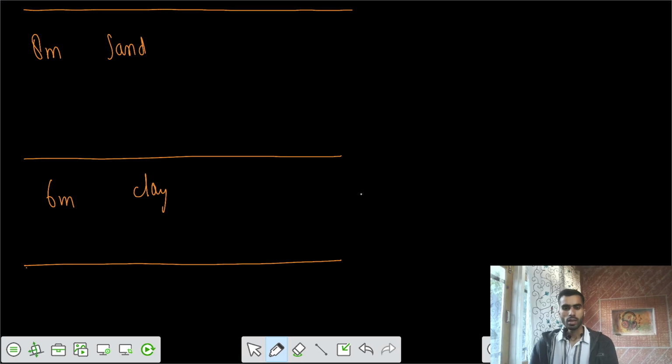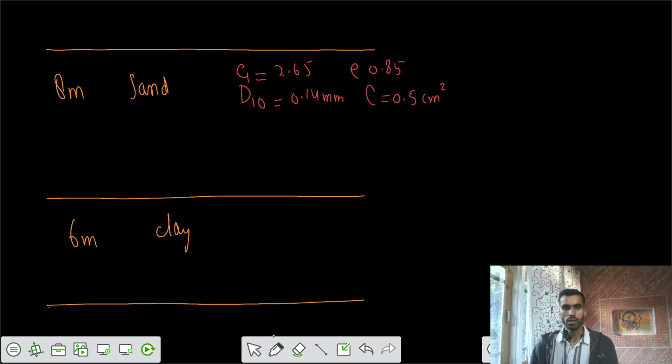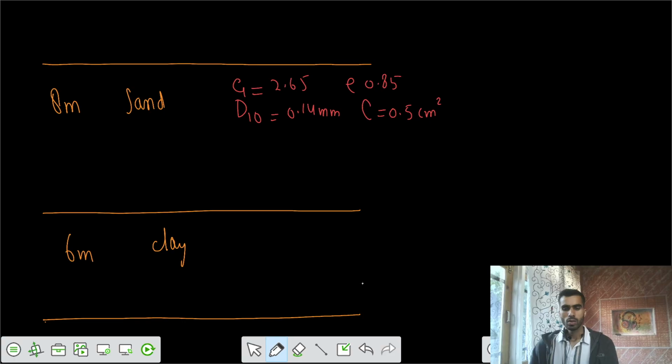The character of that sand is given: specific gravity of solids 2.65, void ratio of 0.85, effective size d10 equals 0.14 millimeters. Your value of C is equal to 0.5 centimeters square. And we also have the water table in the sand.